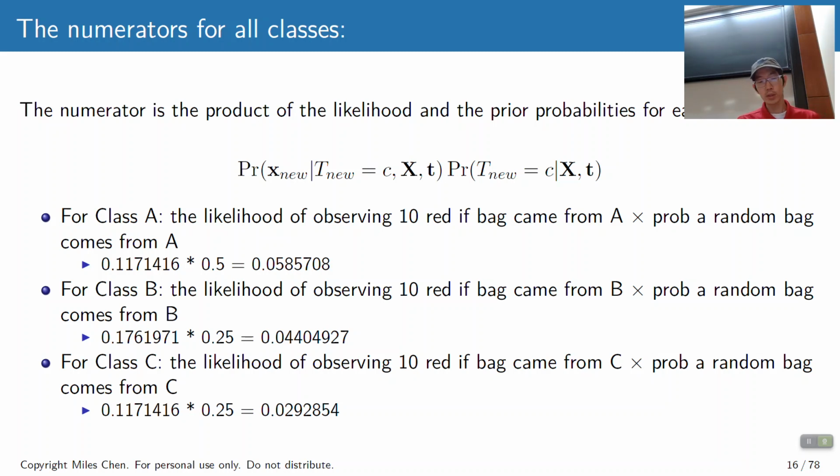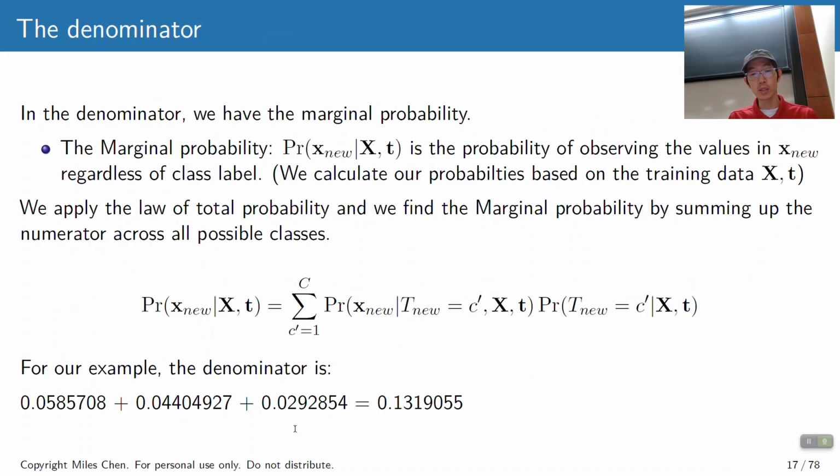This is technically what our answer is, but we need to scale all of these answers so that when we add up the three probabilities, they add up to 1. Because right now, if I add up these three numbers, I'm going to get 0.11 or something, not 100%. So I need to scale everything up. I guess they add up to 0.13. That's what I'm going to put in the denominator.